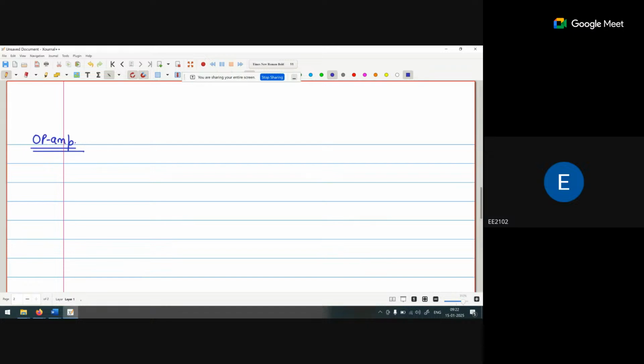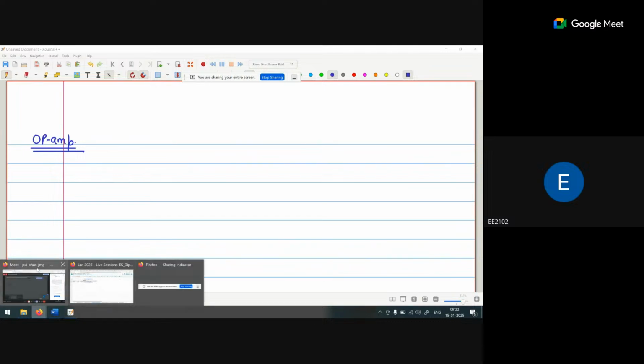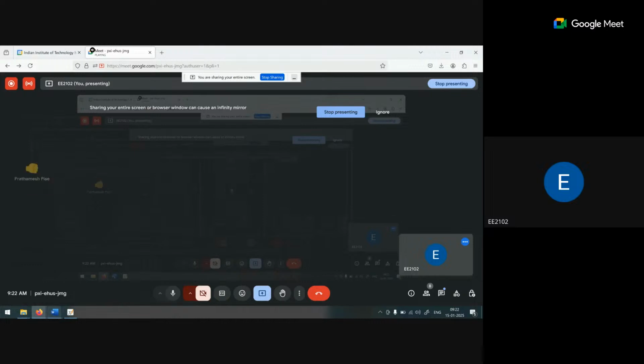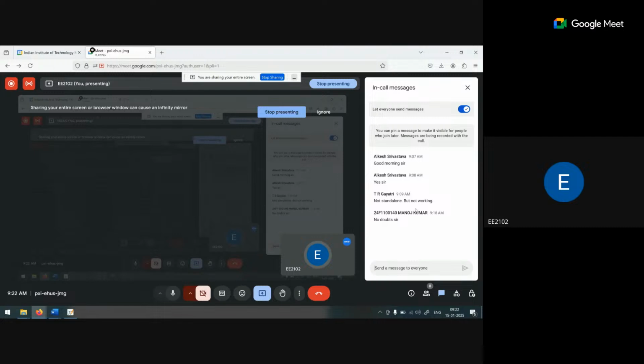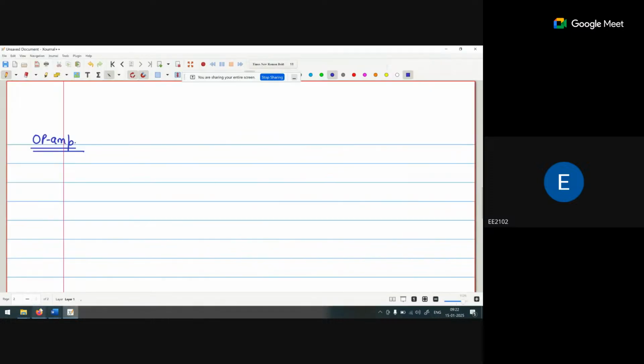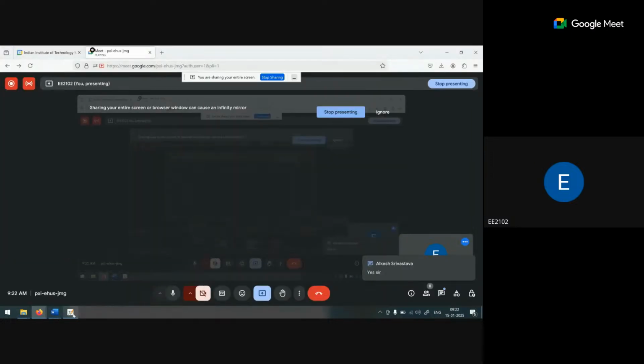So let's start with the operational amplifier. Student, it is better that you write in the chat box. Actually, you can speak, because I have to check my screen again and again.